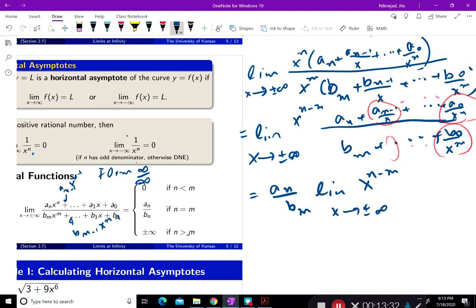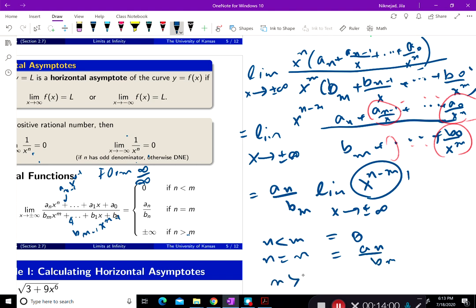x to the power n minus m as x goes to plus or minus infinity. And here, if n is less than m, then x to the power negative goes to 0. It gives 0. If n is equal to m, this becomes 1. The limit of 1 is 1, so the limit is going to be equal to a_n over b_m, which is the coefficient.